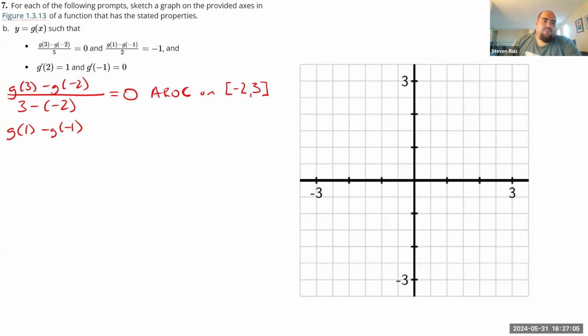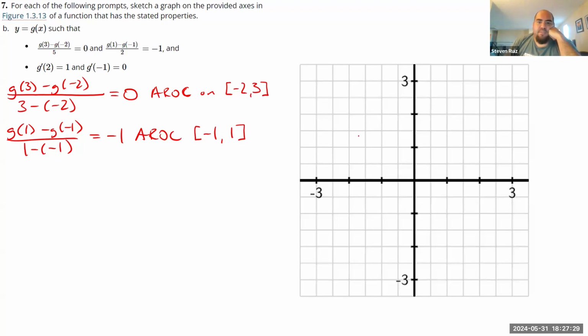Again, it's not arbitrary that the denominator is 2. That is how far apart -1 and 1 are. So my average rate of change on the interval -1 to 1 is -1.